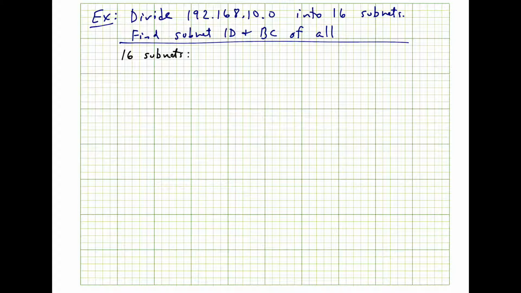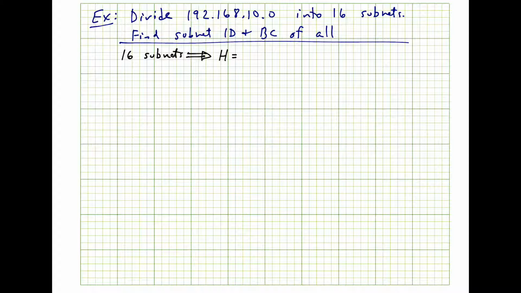Let's be careful. 16 subnets means that S is equal to 4, since 2 to the S is 2 to the 4th is 16, which is equal to the number of subnets. Hold on, let me back up here.